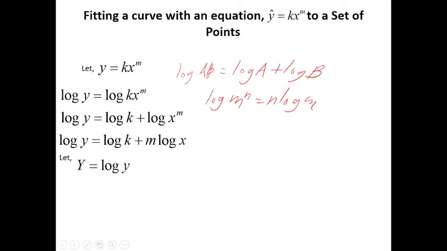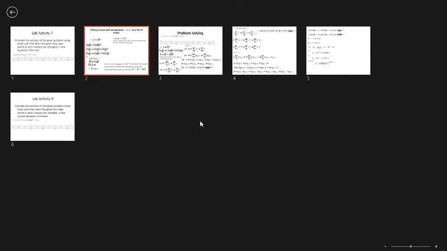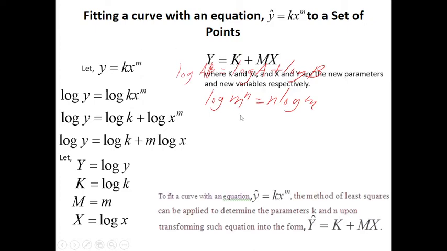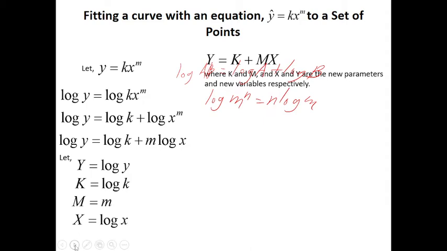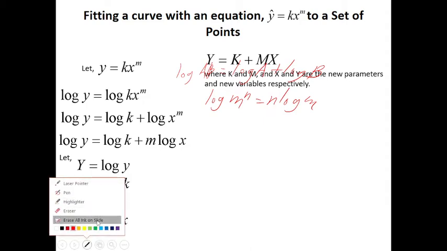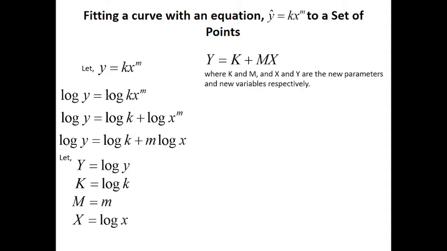So the next step is to convert log y in terms of an uppercase letter Y, then log k in terms of an uppercase letter K. So we have the parameter n in terms of an uppercase letter M, then log x in terms of an uppercase letter X. So in this case, we have now the equation Y equals K plus MX.